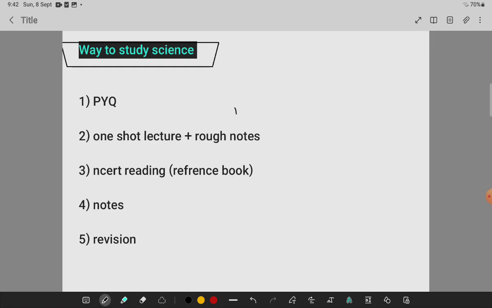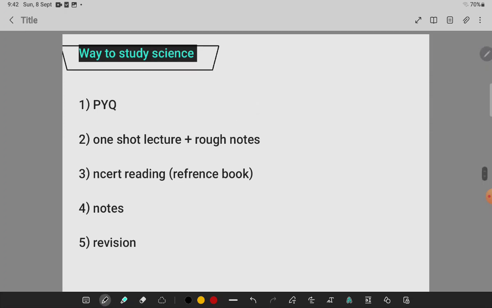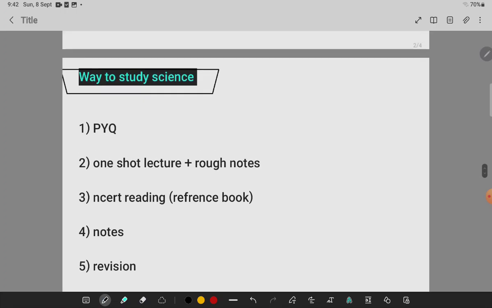Most of the students directly start making notes or doing question answers of a chapter, or they directly start revision. Okay, so they are completely wrong, because they don't know how to study science in a proper manner. So let me tell you the step by step way to study science.